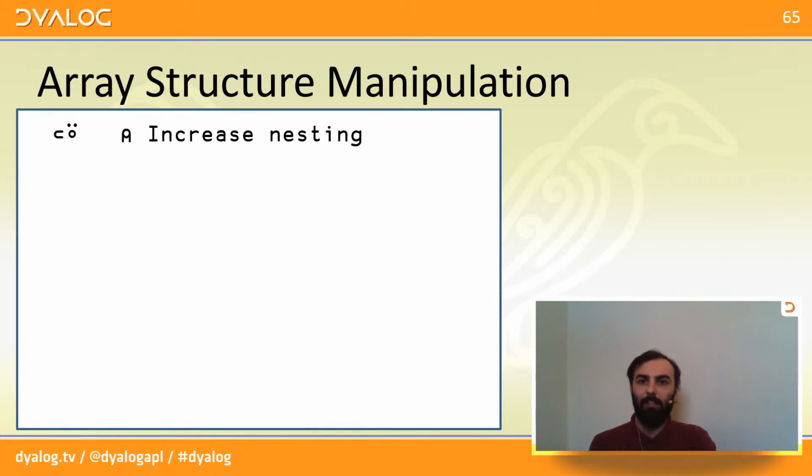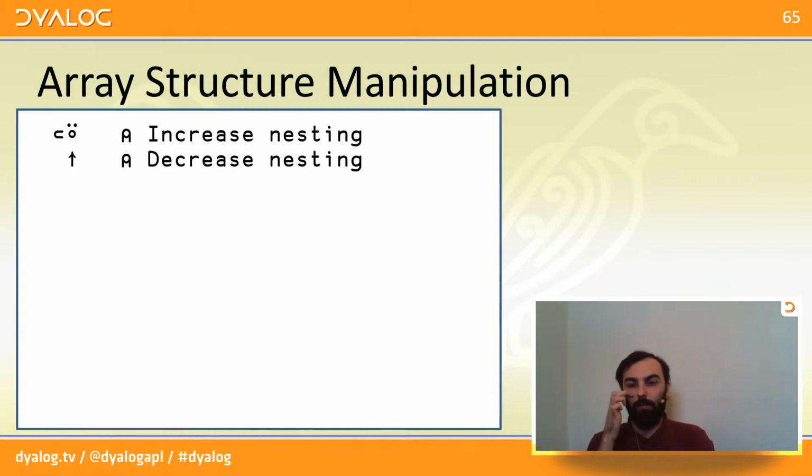Today, I'm just going to begin to summarize now. Today we looked at increasing nesting on trailing axes that are specified using rank, or on the whole array. Adam, in his webinar that I mentioned earlier, talked about decreasing nesting.